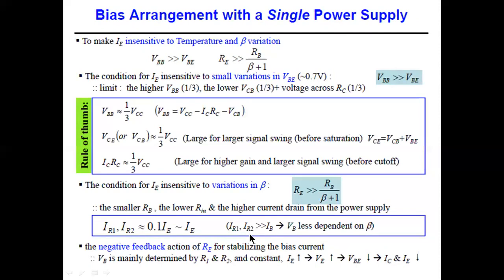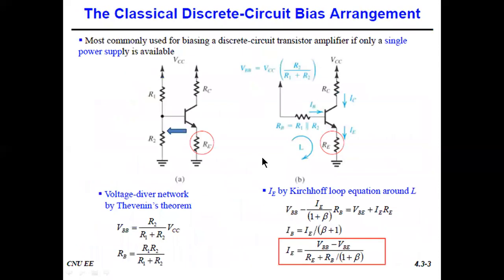So if IR1 and IR2 are much larger than IB, then IB will become less dependent on beta. The current flowing through the two resistors should be much larger than the base current over here.